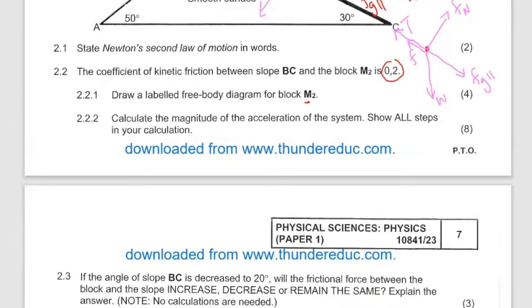Then they want us to calculate the magnitude of the acceleration of the system.